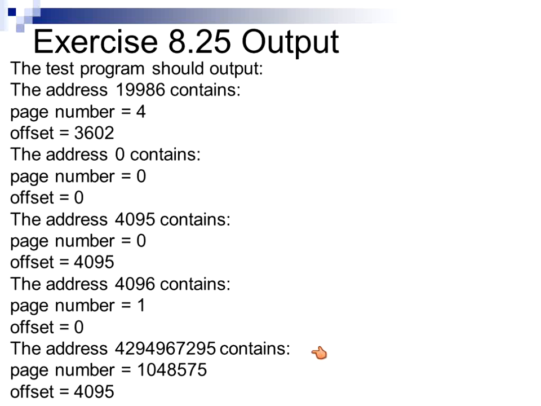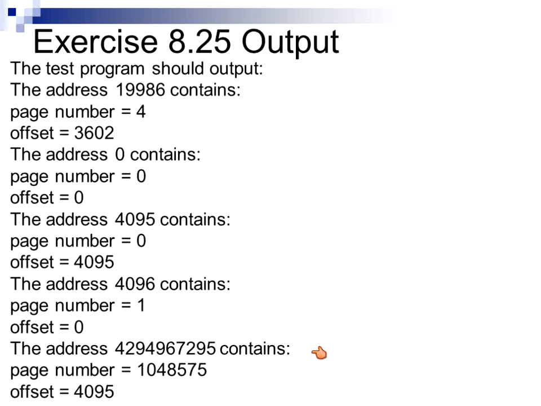And then this number here is actually the largest number I can get in 32 bits. And so that turns out to be page number 1,048,575 with an offset of 4,096. So all of these addresses were already in the test program.